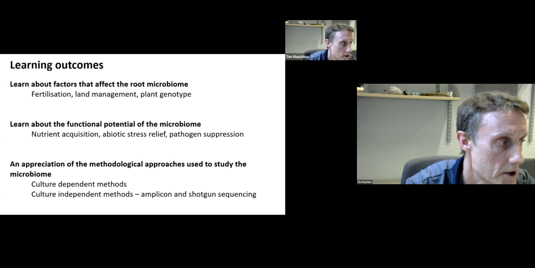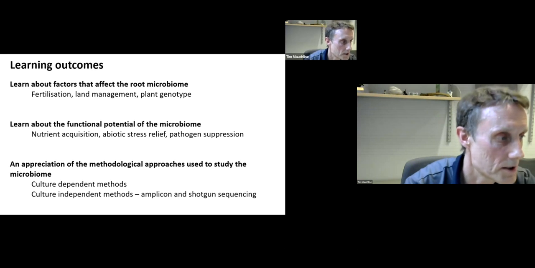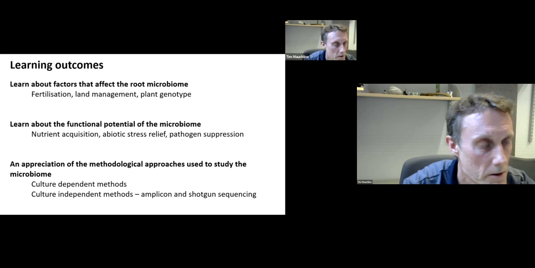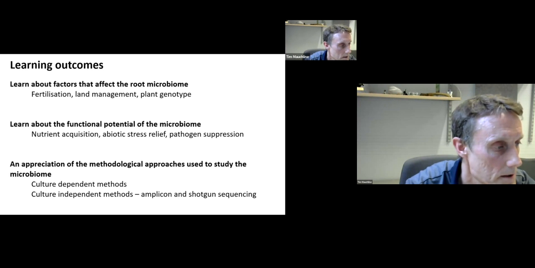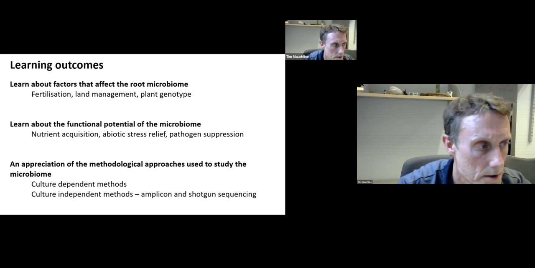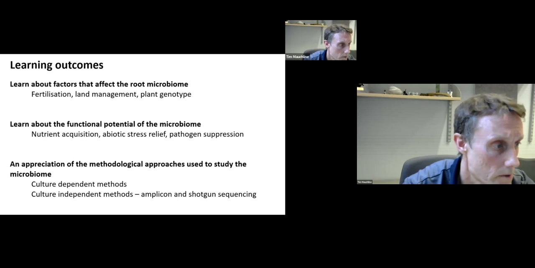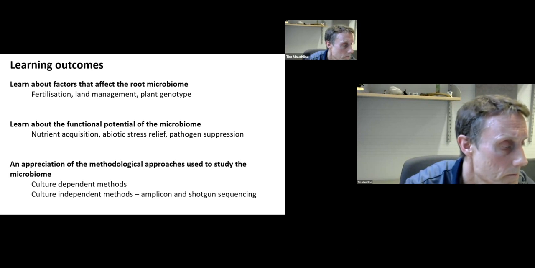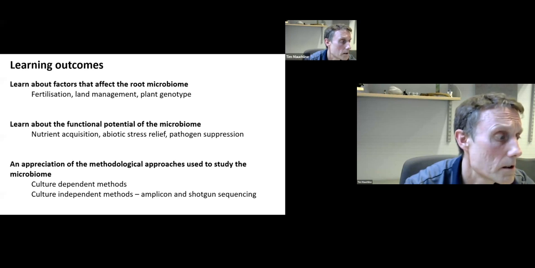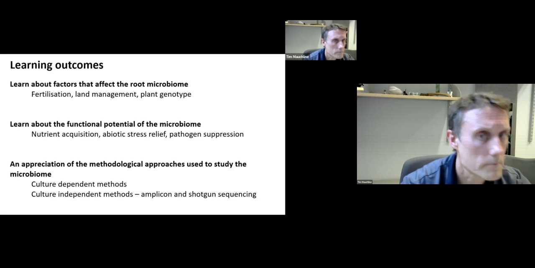This is in terms of nutrient acquisition, so the solubilization of nutrients, which ultimately can be given to plants, and abiotic stress relief, where we've touched on ACC deaminase. And in addition to those two, there's also the ability of microbes to suppress plant pathogen growth. And then the final element here is the different methods available, as I've been mentioning: we can look at culture dependent as well as culture independent methods.